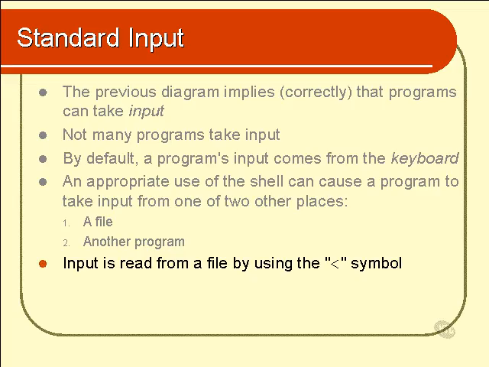For example, WC less than file, where file is the name of some file. Now, can you guess what WC will do in this particular instance? Well, I'd say it's a pretty safe bet that WC will count the number of lines, words, and characters in the file. Let's have a look at that in action.